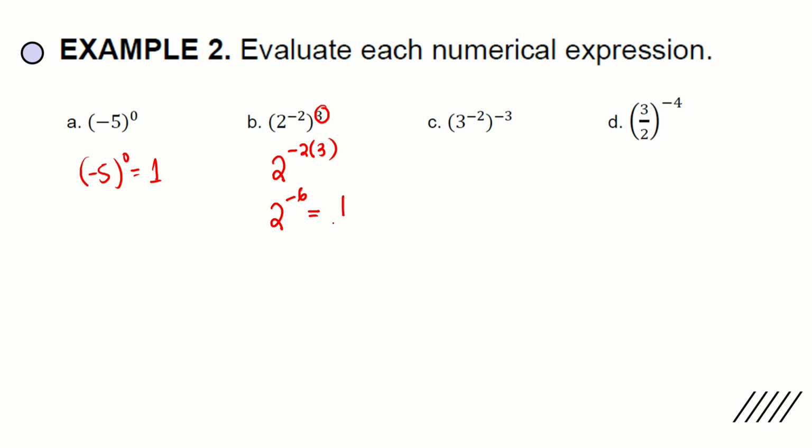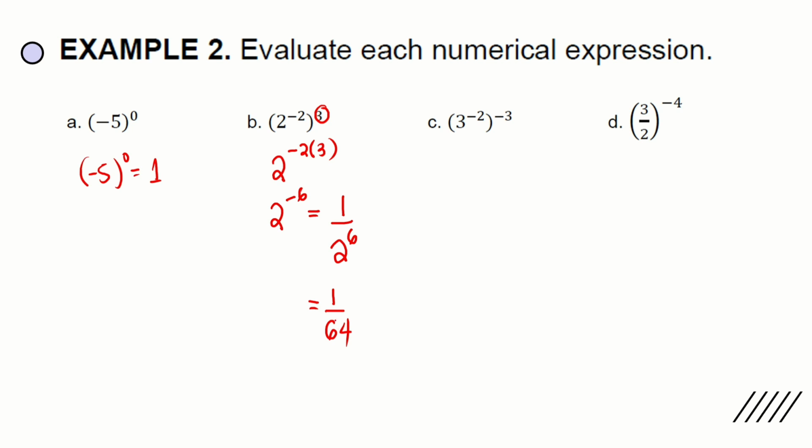That is 1 all over 2 raised to positive 6. And lastly, we're going to evaluate 2 raised to 6. That's 2 times 2 times 2 times 2 times 2 times 2, and the answer is equal to 1 all over 64.